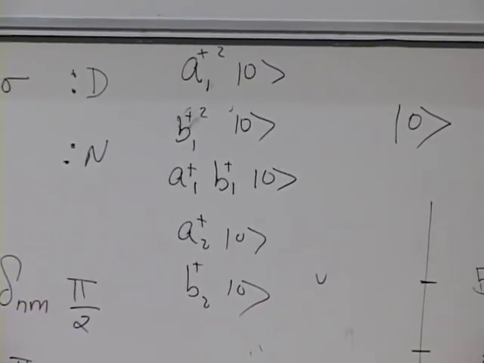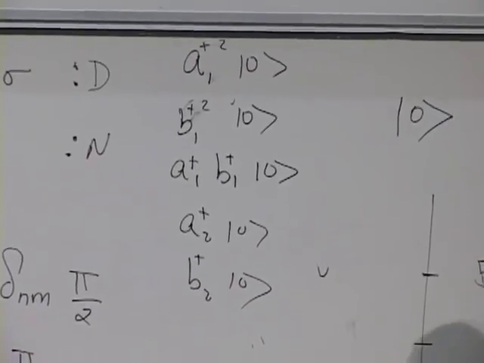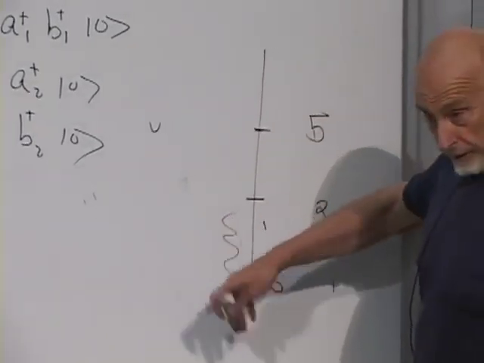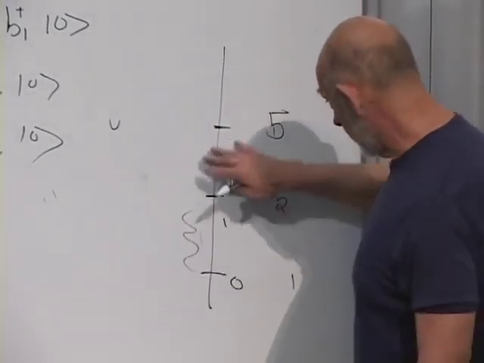Exercise: count the next 2 levels. How many states are there altogether? It's an exercise for the next time. But the most important point is that there are gaps between the states.